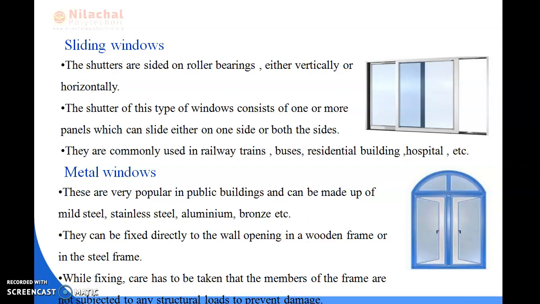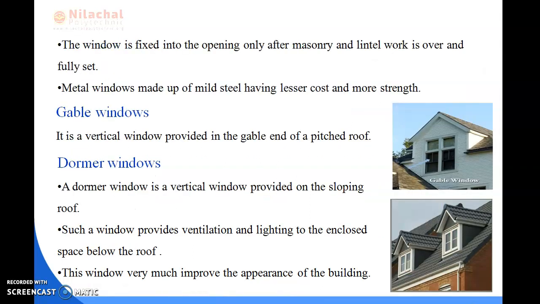The metal window is fixed into the opening only after the masonry and the lintel work is over and fully set. Metal windows are made of mild steel, having lesser cost and more strength.